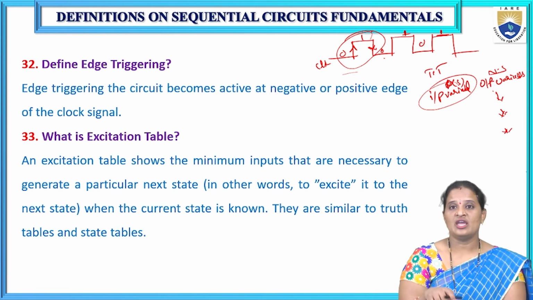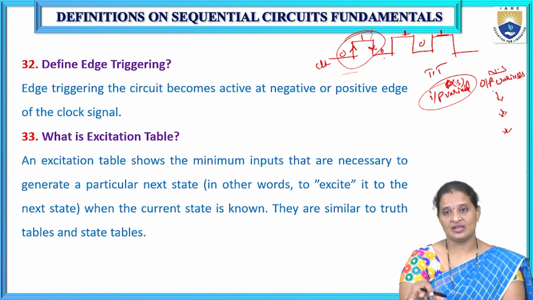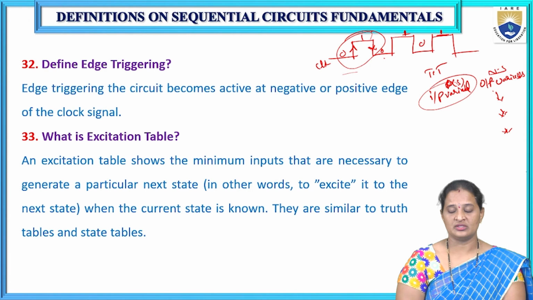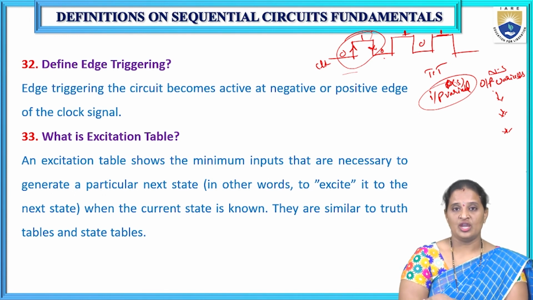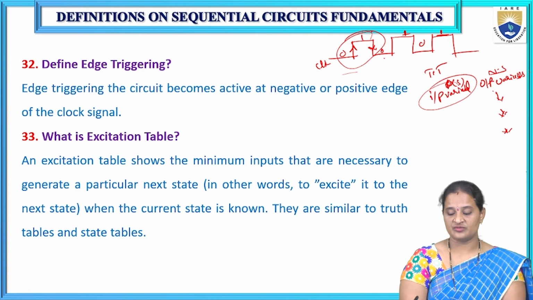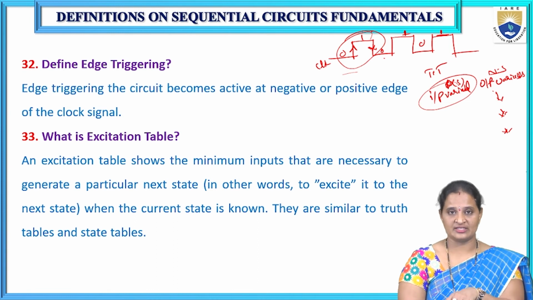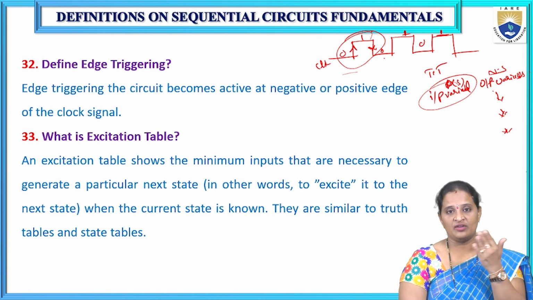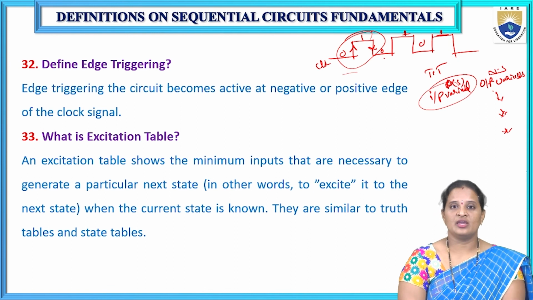The excitation table is a table which gives all the possible inputs that are to be applied to a sequential circuit in order to change the state from present state Q(t) to Q(t+1). First we know the present state and next state. Based on that, we analyze the equation for the Boolean function.